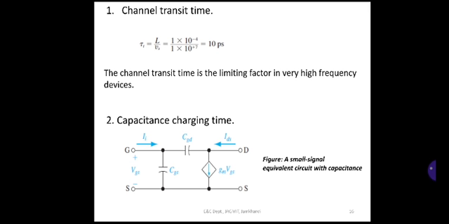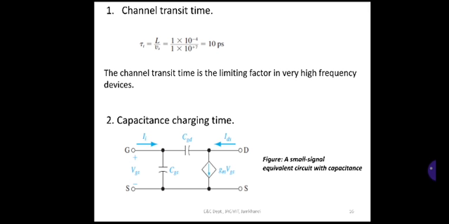If we assume a channel length L of 1 micrometer, and assume that carriers are traveling at their saturation velocity Vs.